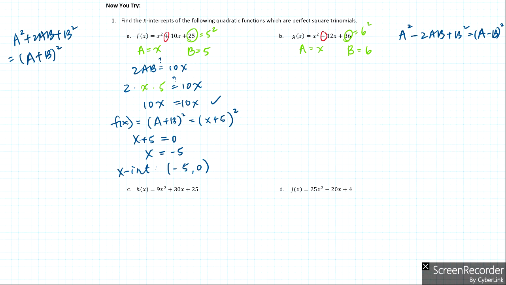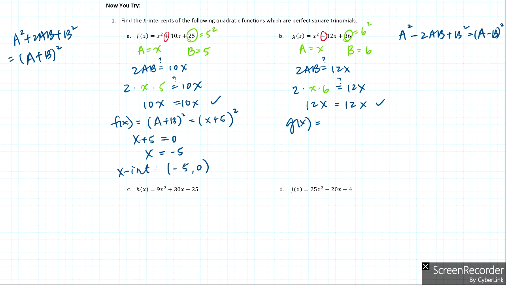Now we want to check whether 2ab is equal to the middle part, the 12x. So we have 2 times x times 6, and if we multiply everything, we get 12x is equal to 12x. It does check. Once we have this form, that confirms our idea that this whole thing can be written as a perfect square trinomial and factored into a perfect square.